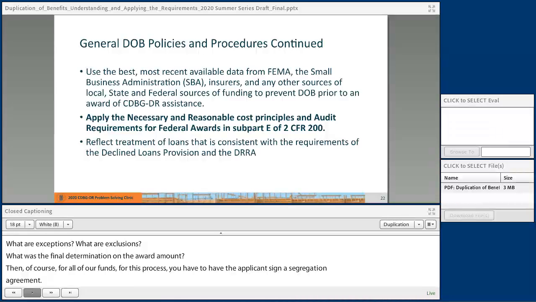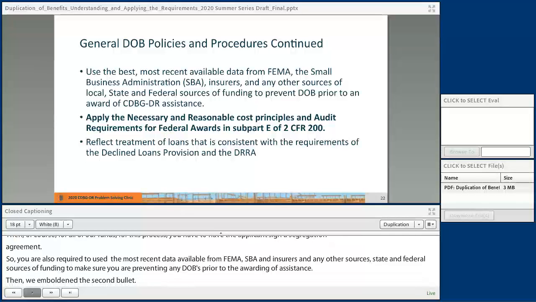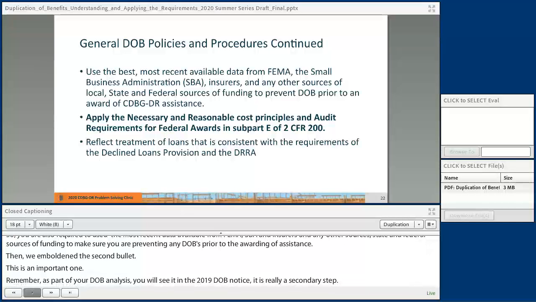Remember that as part of your DOB analysis, and you'll see it in the 2019 DOB notice, it's really a secondary step. After you've done your math and you've excluded and you've accepted and you have your final, or what you believe to be a final award amount, you need to do your necessary and reasonable test, right?